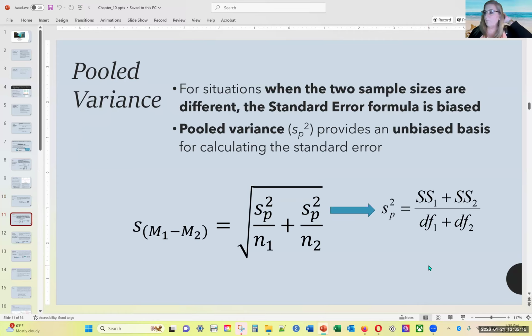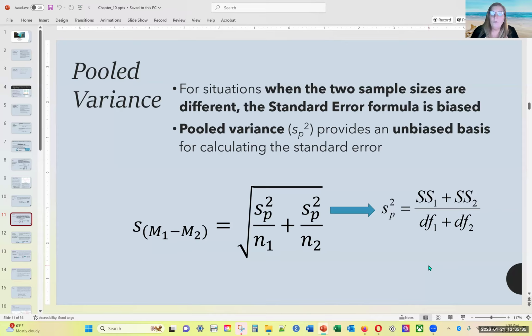But that's sort of difficult to do, right? A lot of times in research, if you actually were to do this on a pretty regular basis like I do, you'll find that you will often end up with different numbers in both of your samples. You know, I might get fewer people in one group than the other for different reasons.